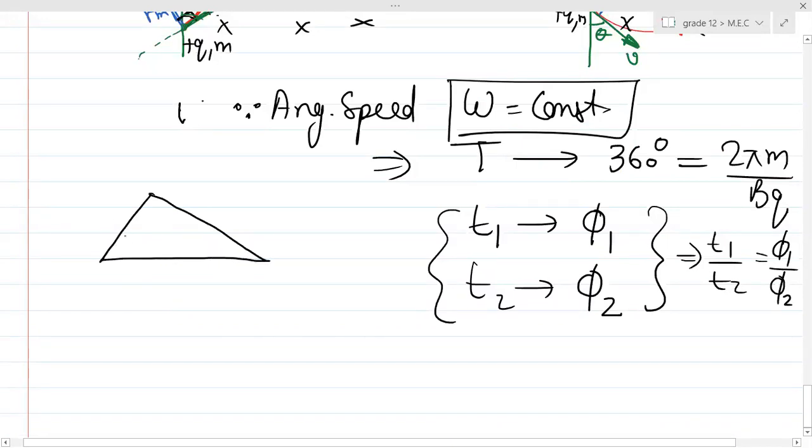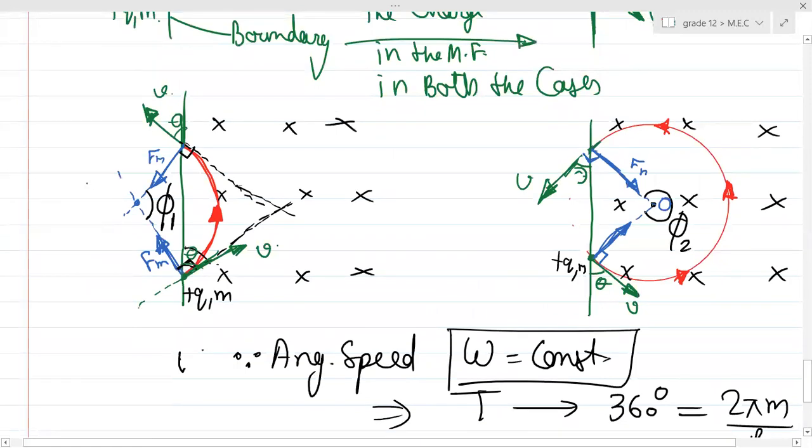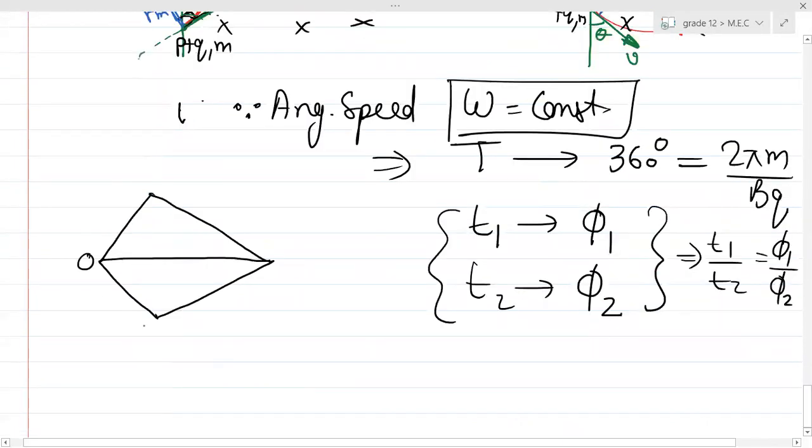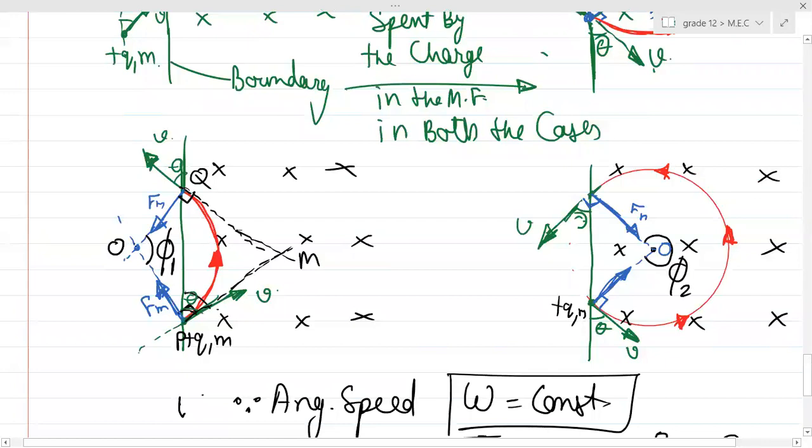In the first case, will this be the quadrilateral so formed, guys? In this case, OPQ1.